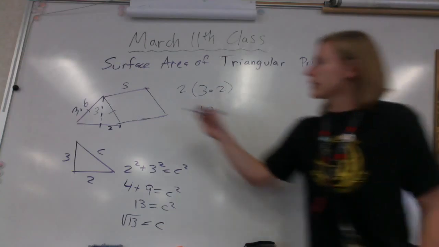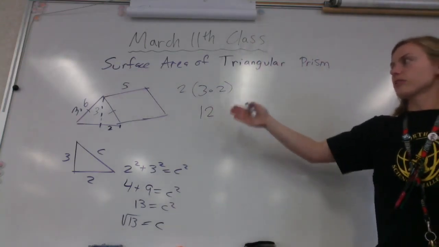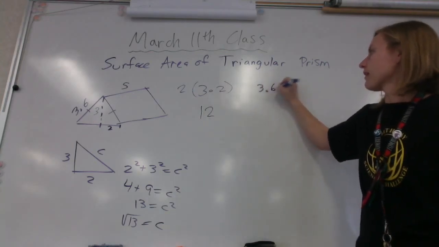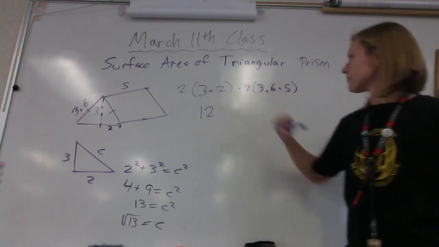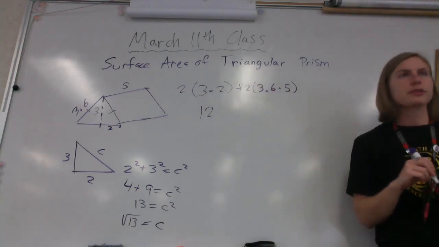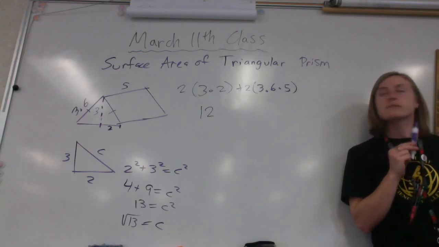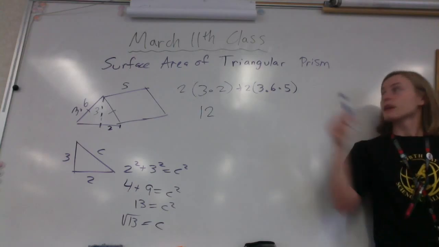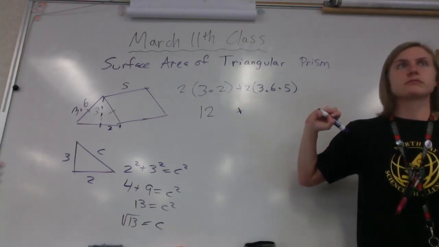So if I want this side, well, it's just a rectangle. It's 3.6 times 5. But conveniently, there are 2 of them. Oops, this is a plus. So who's got 3.6 times 5? 18. 18, exactly. That's convenient. And then times that by 2 is 36.